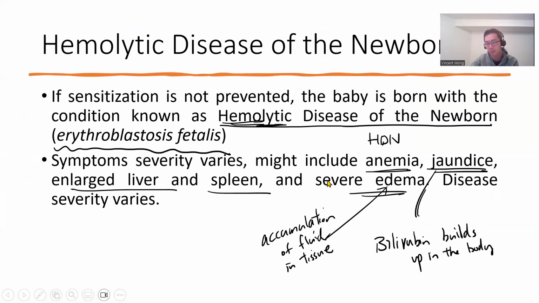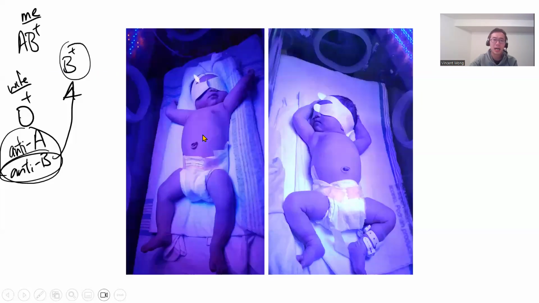With the edema, with the anemia, and that require very specialized treatment, other than the phototherapy. The question is, does this happen to all AB plus and O positive? It potentially can happen, but I was told it's particularly high risk for Asians in general. Okay? I'm not sure why that is the case, but apparently it is.